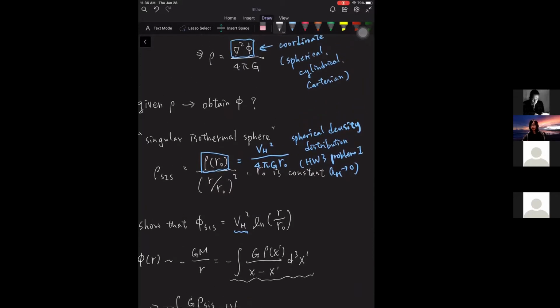Rho naught is VH squared over 4 pi G R naught, and this is the spherical density distribution. You can see the first problem of your homework. It's the same thing. Okay, yeah. That makes sense. Thank you.